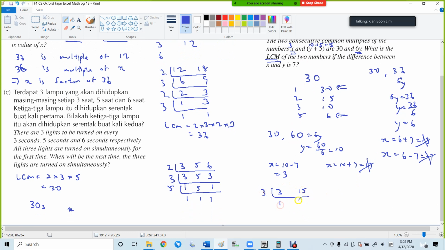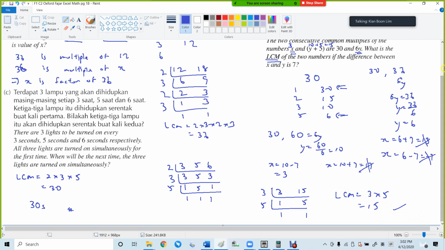Divide by 3: 1, 5. Then 5: 1, 1. So the LCM is equal to 3 times 5, which is 15. So 15 is the answer provided by the book. But 15 is actually not the answer.